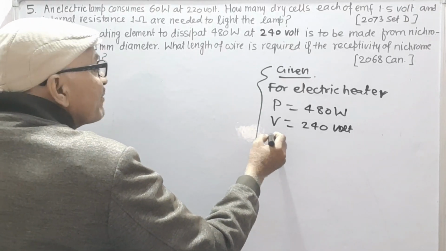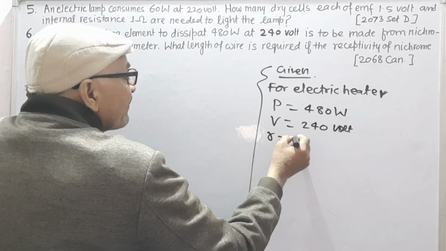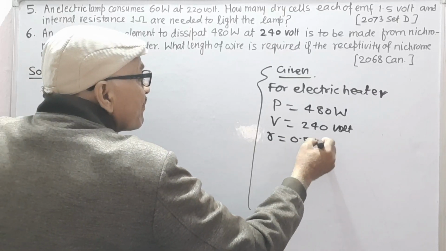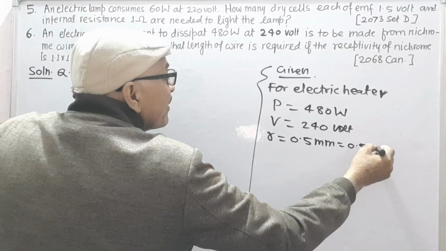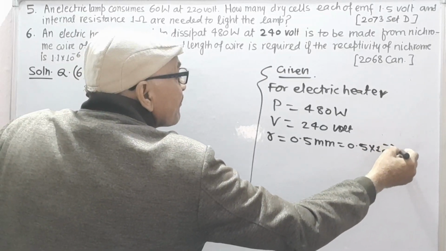The diameter of the wire is 1 millimeter, therefore r will be 0.5 millimeter, which is 0.5 into 10 to minus 3 meter.